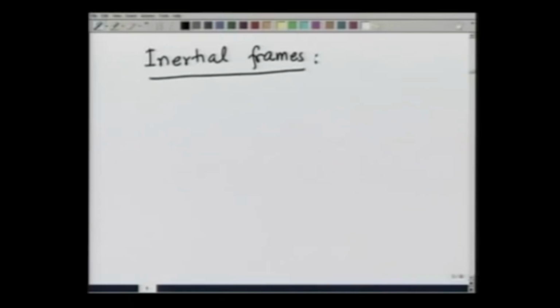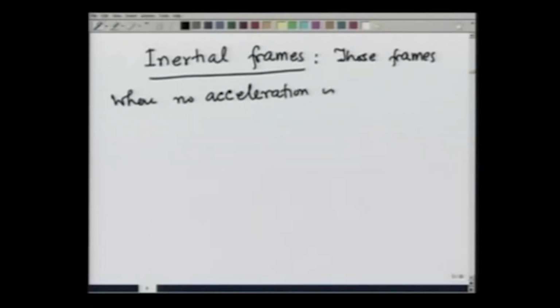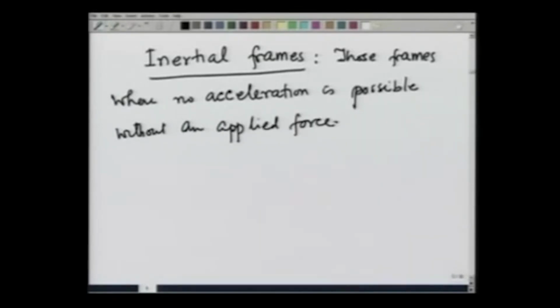By inertial frames, we mean those frames of reference where no acceleration is possible without an applied force. As I have commented in the past, this of course is an idealization.